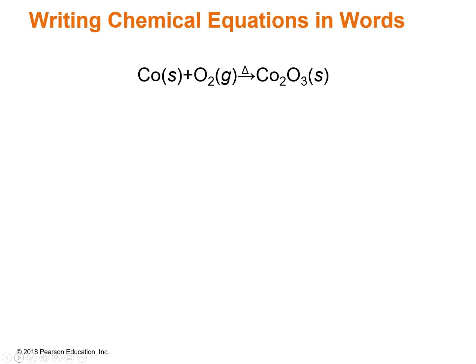So with all that information, I'm going to show you how I write a chemical equation in words. Now, there's a little bit of creativity here because there are some phrases that you can use. Don't get too crazy, but I'll show you what I mean. Let's first break up the reaction.